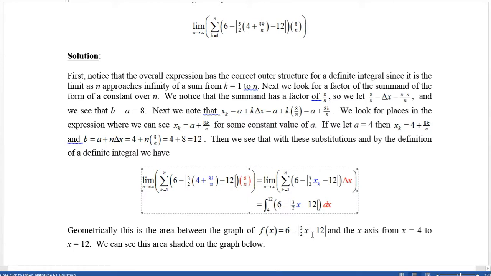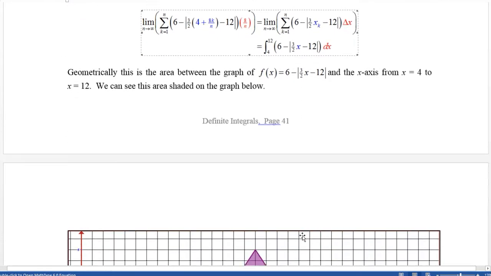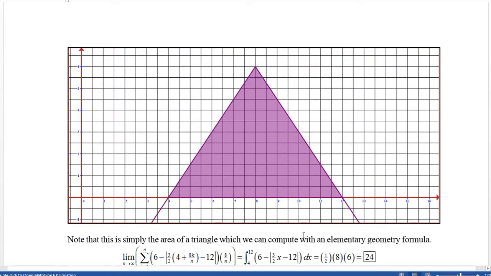Just take out a piece of graph paper, graph this by hand or with a graphing calculator or with a computer, and we get a shape like this. It's an upside down V shape. It's an angle. And we're looking at the area below that graph from x equals 4 to x equals 12. That's exactly this purple shaded region. So we want to find the area of that purple shaded region.